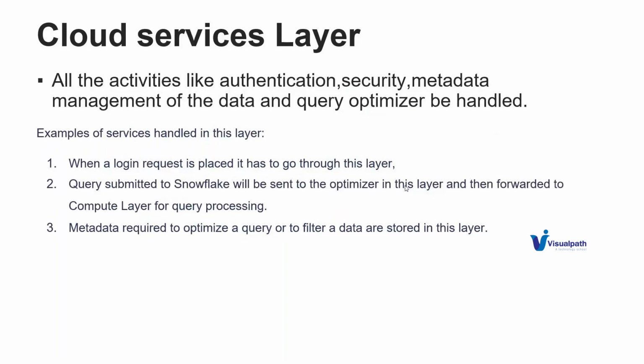I will explain a few examples, scenario-wise, of how the cloud services layer is working. Let's say I have picked one Snowflake URL and placed it in the browser, and then clicked on it. For that URL, who will be the user? Snowflake already knew, so Lahari is the user. When I enter the username and the password, first it will validate whether, for this URL, Lahari is the right user or not.